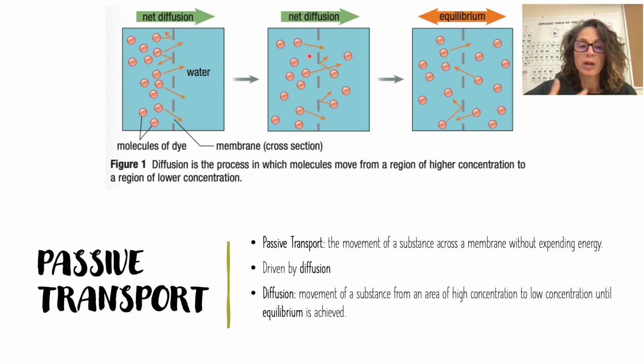This is going to create a net diffusion, a net movement of molecules into the area where there was a lower concentration. This will continue to happen until we have what is called equilibrium, where you have the same concentration of the particles, in this case the dye particles, on both sides of the membrane.